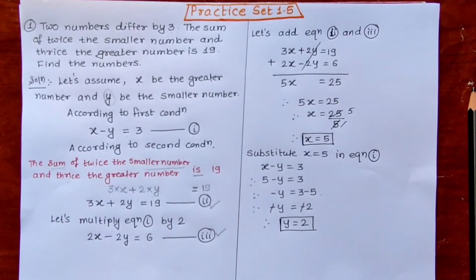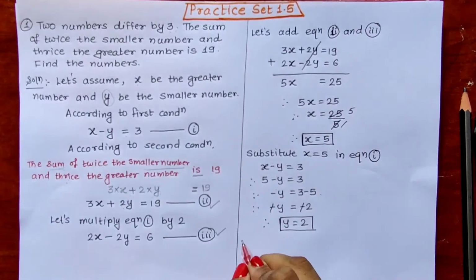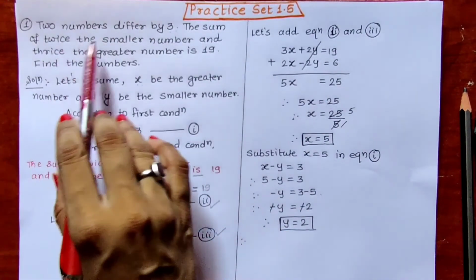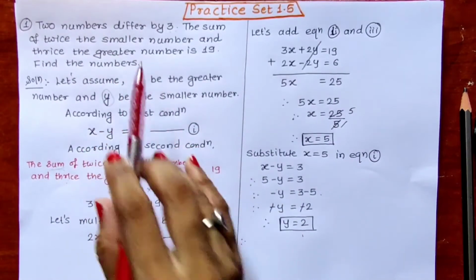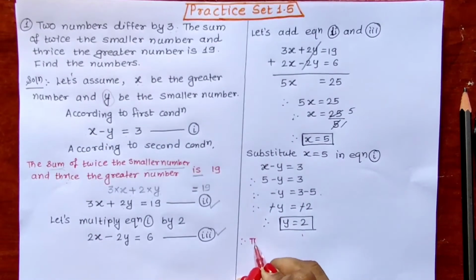So let us write the answer in the statement form, because these are the word problems. So we will have to write the answers in the statement form, very important. So therefore, either you can write the two numbers are 5 and 2, or you can write therefore the greater number is 5 and the smaller number is 2.